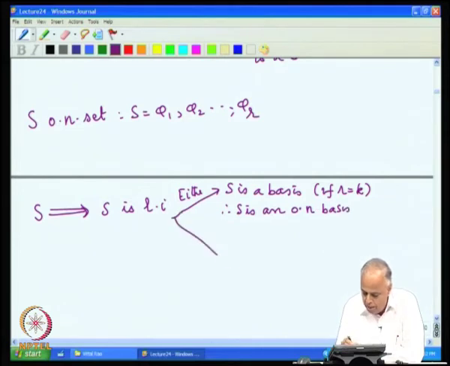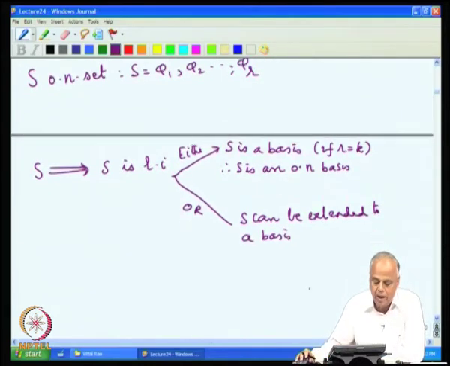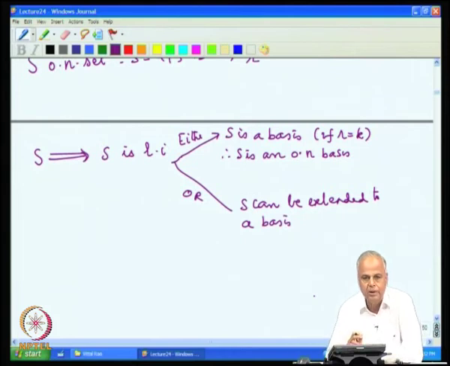If it were not a basis, S can be extended to a basis. The question arises, the extended basis may not be orthonormal, and therefore, we ask, can we extend S to an orthonormal basis?